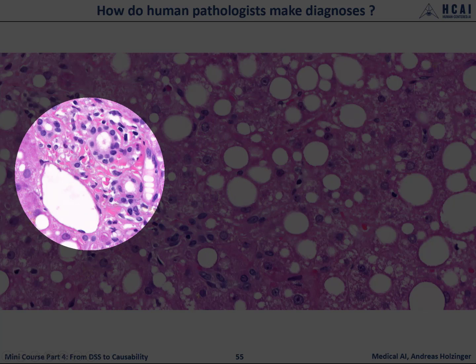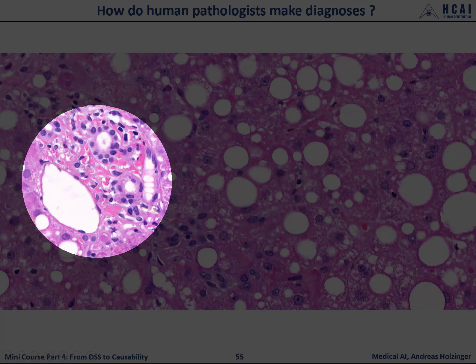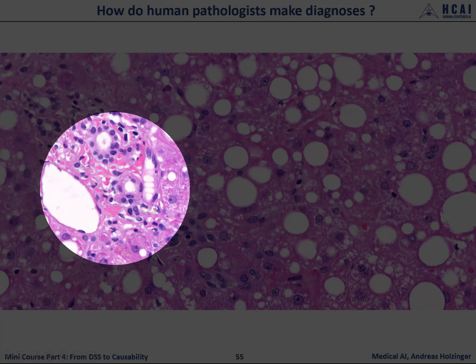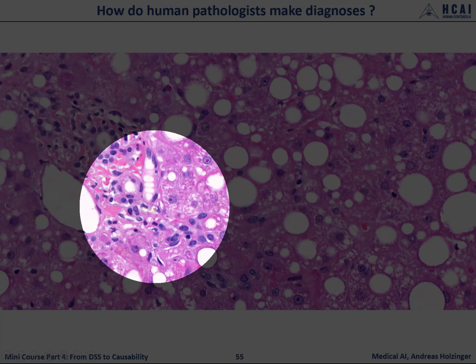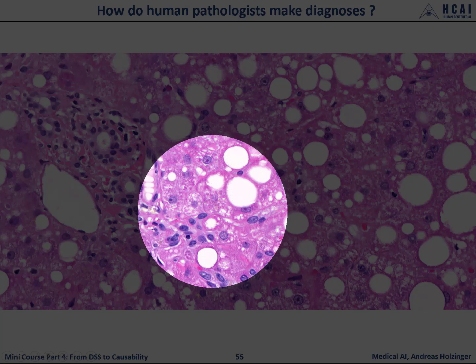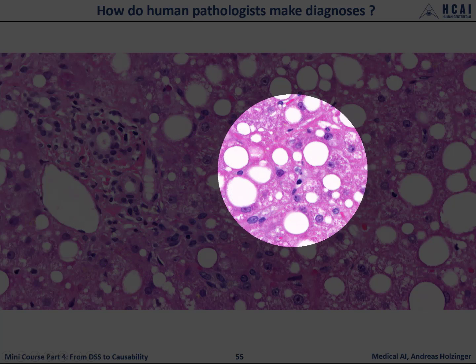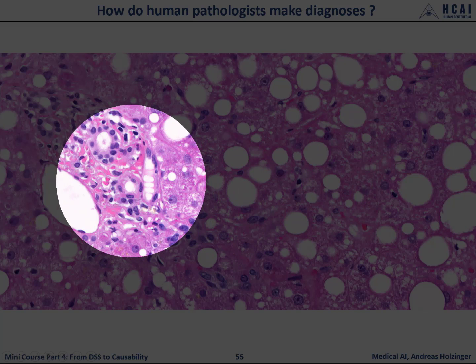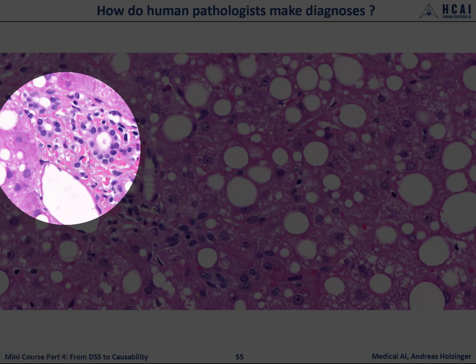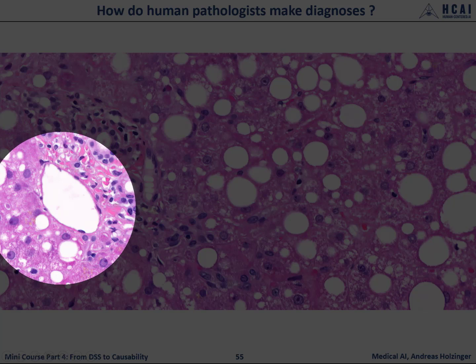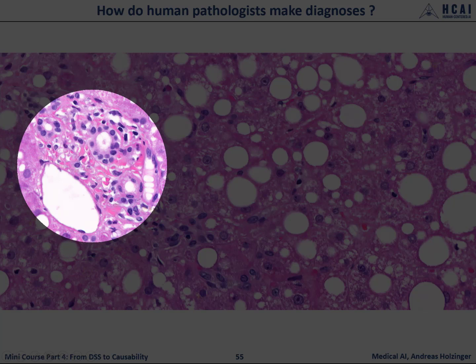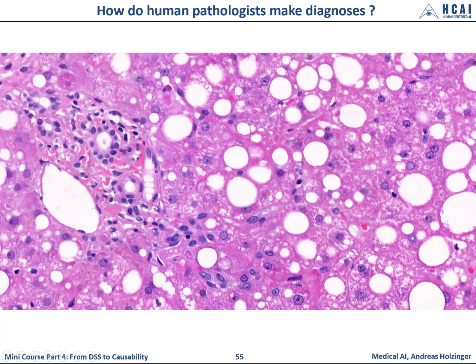They use medical terms which include biological phenomena, for example cells, tissue types, anatomical elements, and abstract patterns. They speak, for example, about an architecture, a penetration, a distribution, a grading. Here, for example, is a portal field, and so on. Basically, they form descriptions and interpret them with their implicit knowledge.